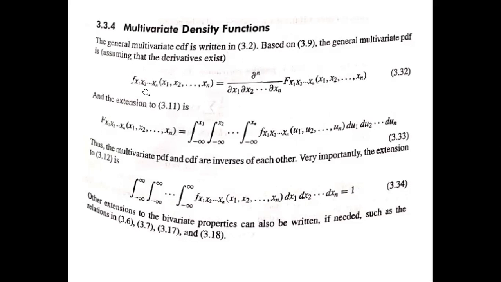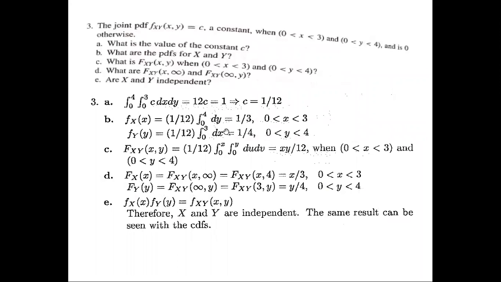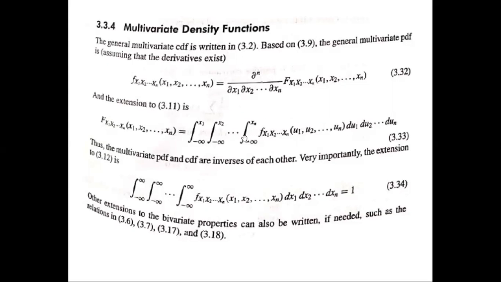Inversely, we can write the CDF of the multivariate random variables as an integration, again corresponding to each of the different variables we have considered. If you have n variables, then the integration is to be done n times on the multivariate PDF, and we will get the multivariate CDF.